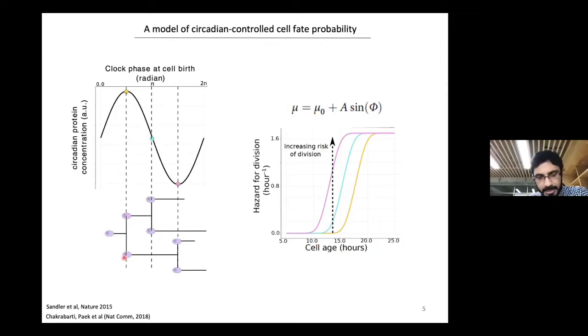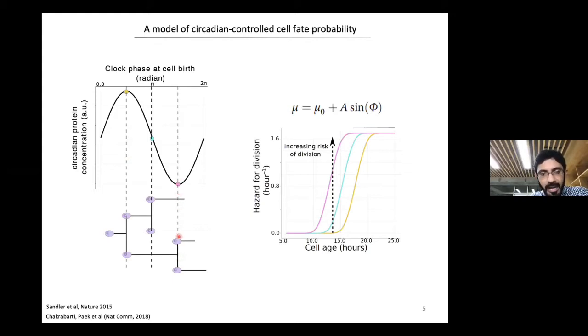That's represented here in this cartoon. These cells divide at different times. Now, if you have that situation, sister cells are going to be born at exactly the same time, or exactly the same phase of the circadian clock, okay? Therefore, their rate of cell division in the model is going to be the same, okay?